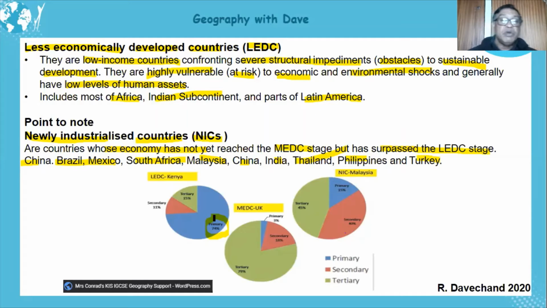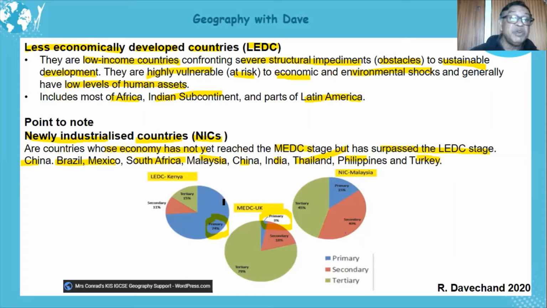Look at an MEDC. Primary activities for the UK is 3% employment. It doesn't mean they're not producing enough. They're producing more than enough, but there's technology, there are machines doing the job. You need fewer people there, but you need people to design things and to offer services.